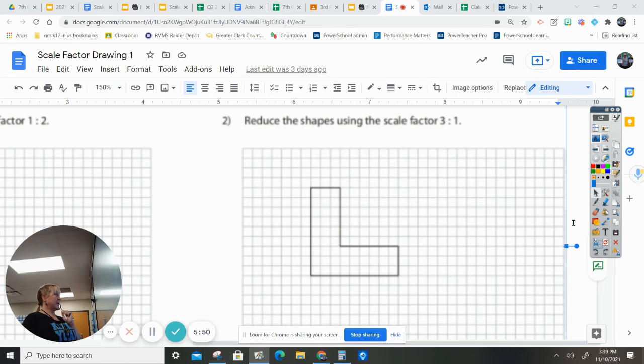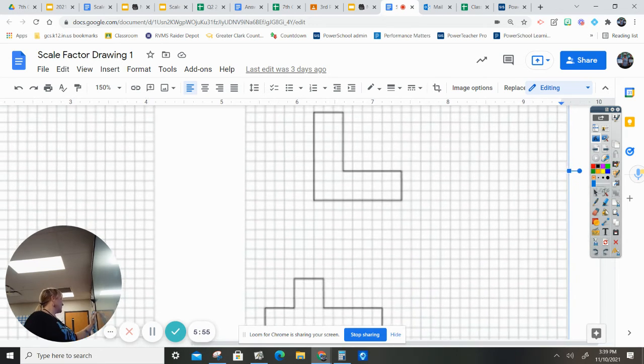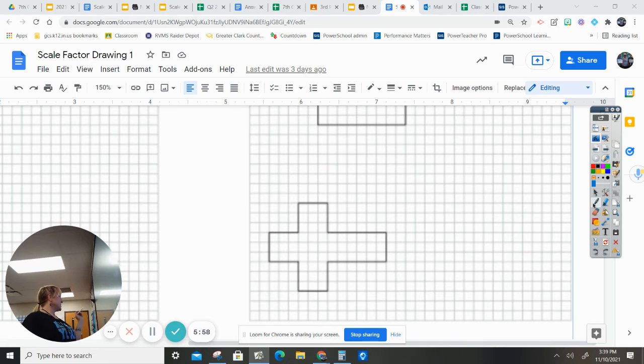Okay, let's see if I can get this computer to move. There we go. We're still dealing with that smaller scale factor, so I'm going to count. That's 1, 2, 3. 3 divided by 3 equals 1. This is 3. 3 divided by 3 is 1. This is 6. 6 divided by 3 is 2. This is 3. Scale factor reduction of 3 becomes 1.